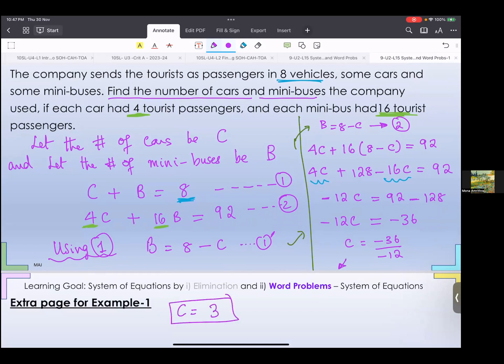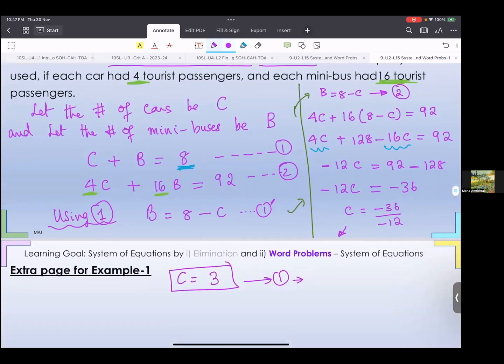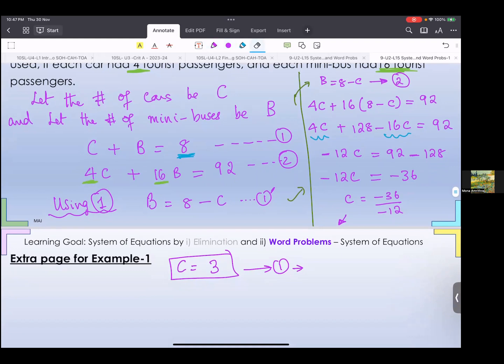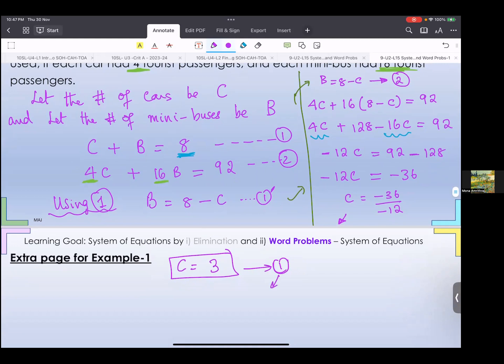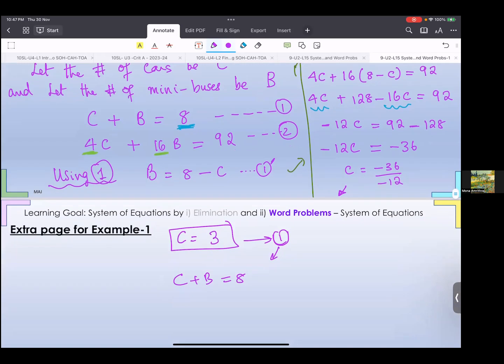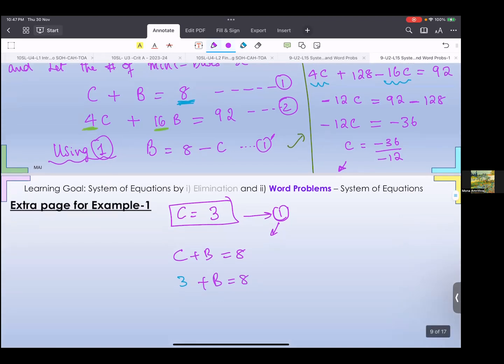So they took 3 cars. Now we can put this back into equation 1, and we can get C plus B. Okay, so put that back into equation 1, and you get C plus B equals 8. So you have 3 plus B equals 8, and B equals 8 minus 3, and B equals 5.